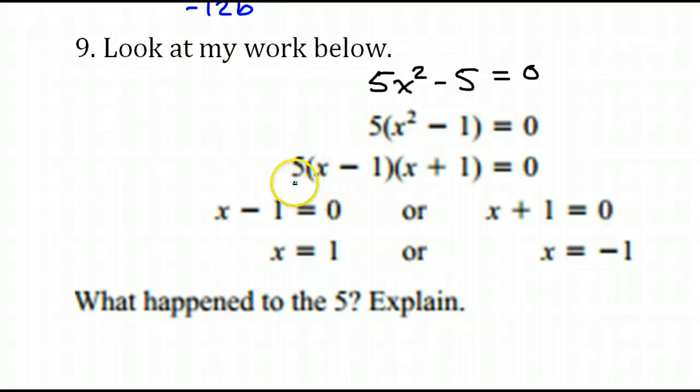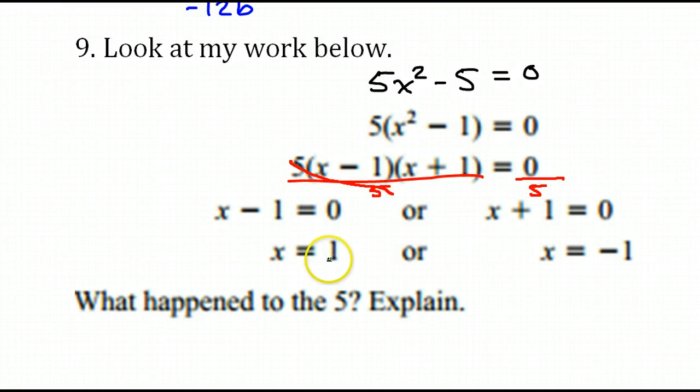Okay, but you could do it now. If I divide both sides of this equation by 5, this is perfectly legal. Okay, then these 5's cancel out. So that could be one explanation.